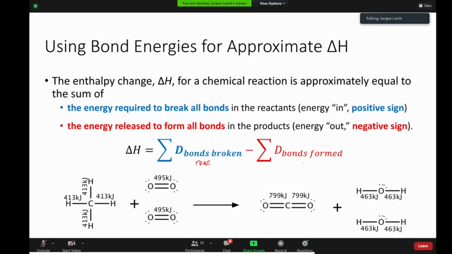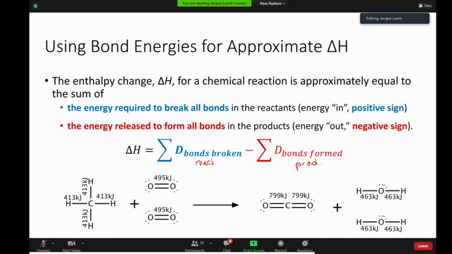So for delta H of formation, it was products minus reactants. For bond energies, it's bonds broken, reactants, minus bonds formed. And that's because the numbers you're given are listed as positive numbers, and when you're forming bonds, it's a negative number.